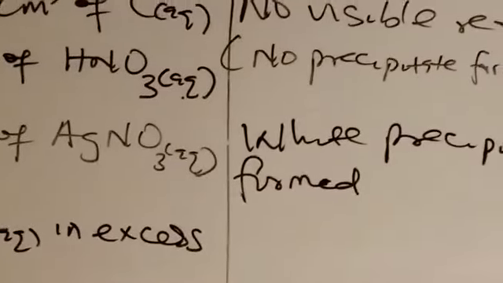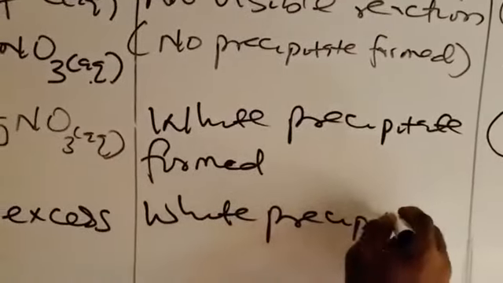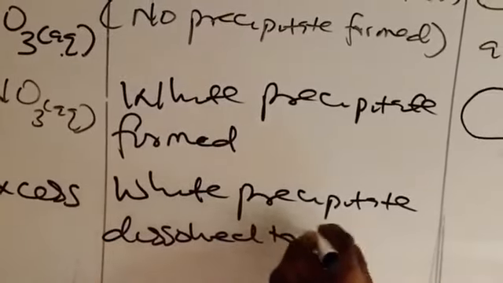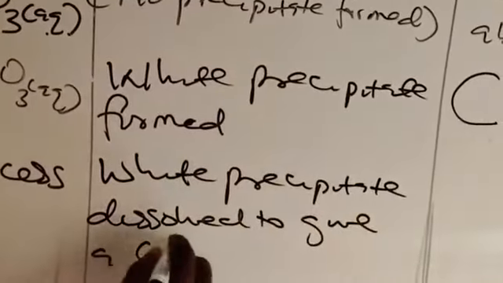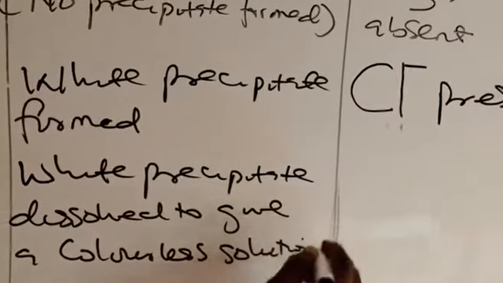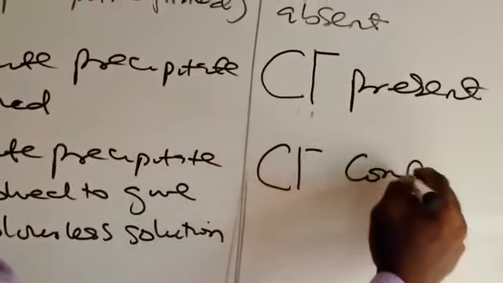You see that the white PPT had dissolved in excess ammonia. So you have a colorless solution. All right. Now I write white precipitate dissolved to give a colorless solution. Now I write chloride ion Cl minus confirmed.